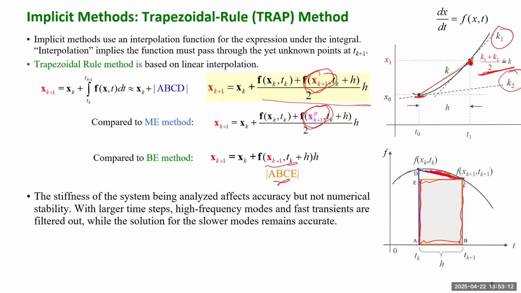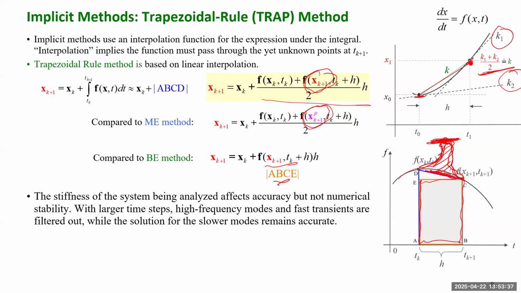For example, if this curve is not that smooth, it will have a sudden increase in value, so this part will be missed. This point indicates the fastest dynamic over this time window. But using the trapezoid rule method or backward Euler method, you would not be able to know this fast dynamic.